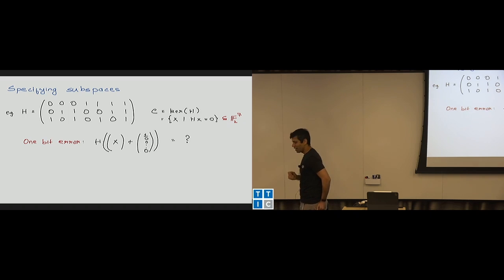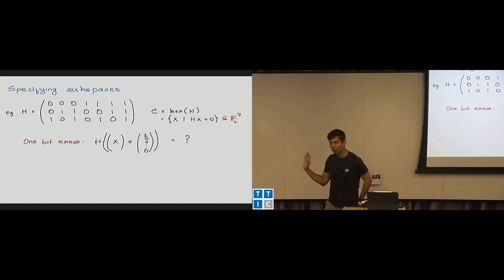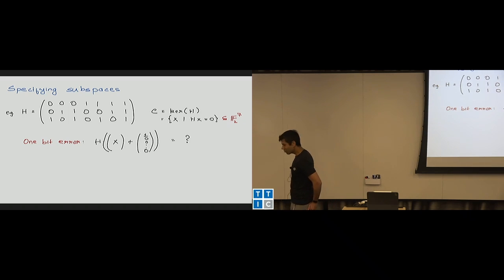I'm going to define my subspace as the kernel of this matrix, which is all the vectors of length 7, so that I can multiply this matrix and the vector as a column vector, such that H times x is equal to 0. Everybody okay with the definition of the subspace? I claim that this code, which is the kernel of this matrix, can fix any one-bit error.